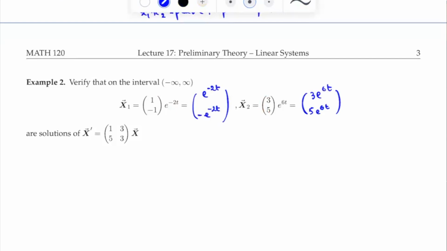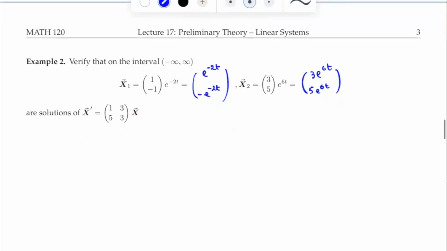So to see if the solutions satisfy the system, you want to show that the left-hand side of the system is equal to the right-hand side. That is, you take the derivative of x1 and substitute it on the left-hand side of the system, and hopefully it's equal to the matrix product, the coefficient matrix multiplied with x1. So I'm going to start with the derivative. x1 prime is equal to, the derivative of e to the negative 2t is minus 2 e to the negative 2t, and for negative e to the negative 2t, the derivative is 2 times e to the negative 2t.